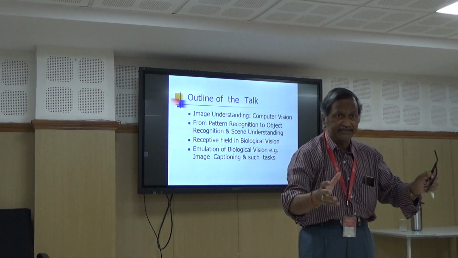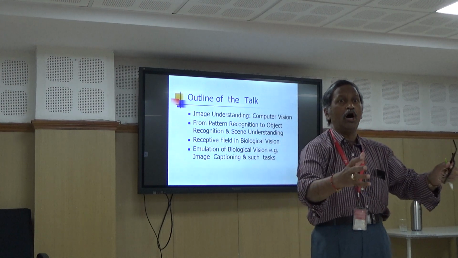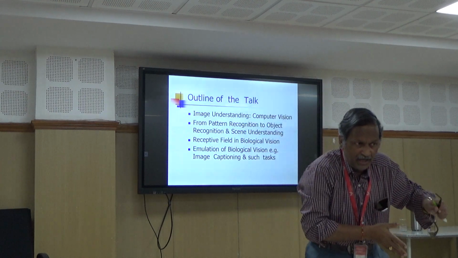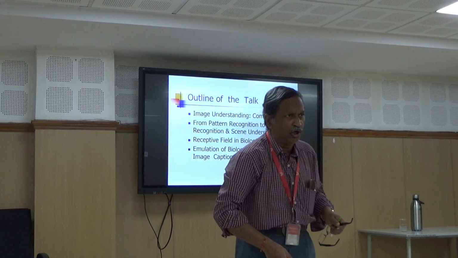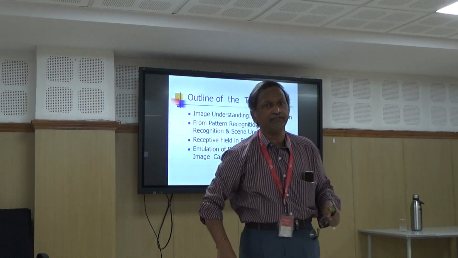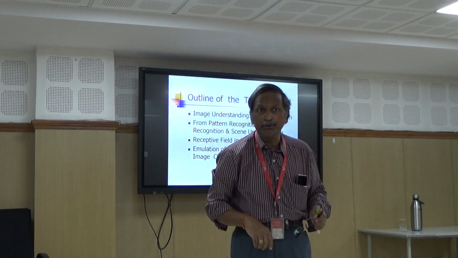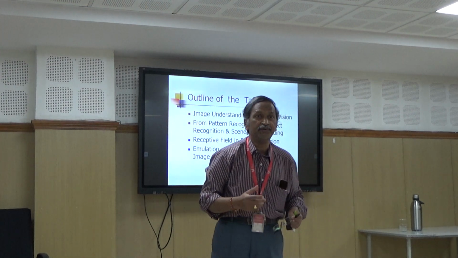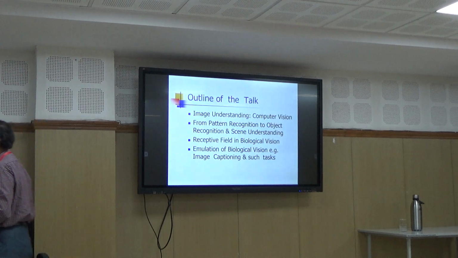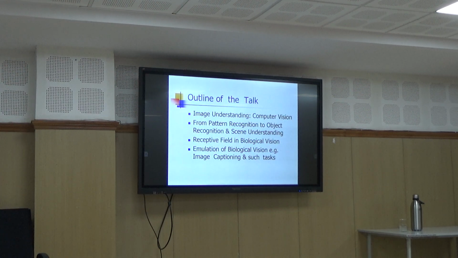You are able to understand the relationship between objects in the room and you are able to maneuver your way. Suppose I have a robo and I want the robo to go and give a gift to him. Can the robo do it? Maybe in 10 years, maybe the robo can do it. From pattern recognition to object recognition and scene understanding.